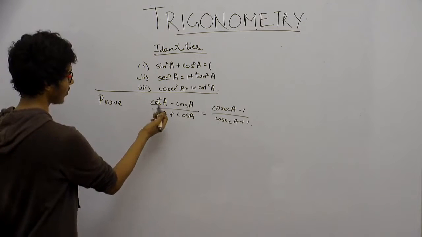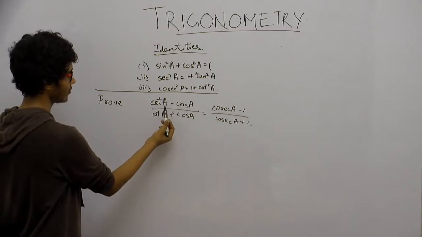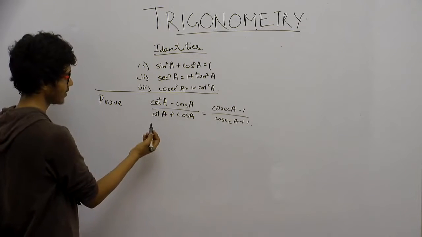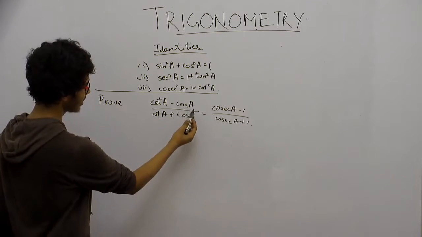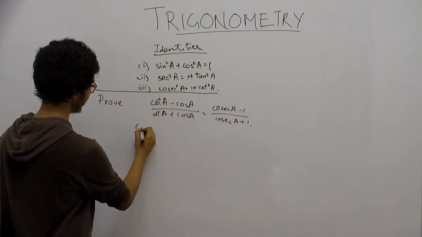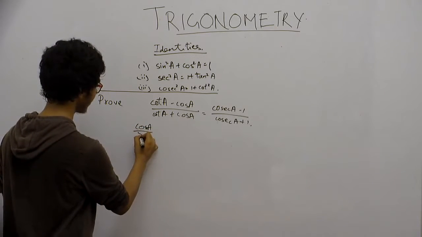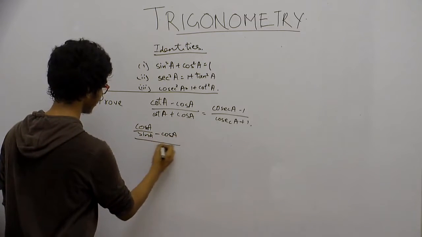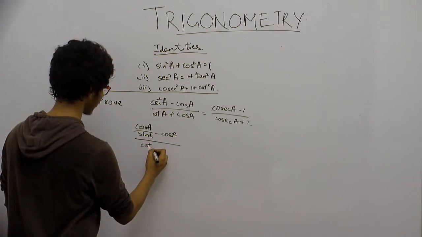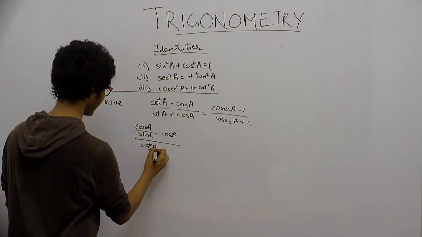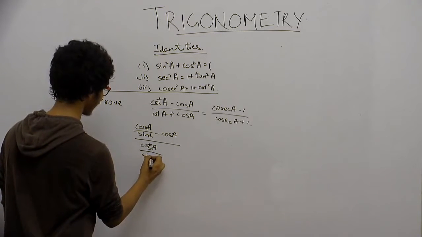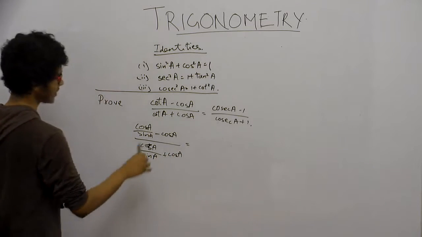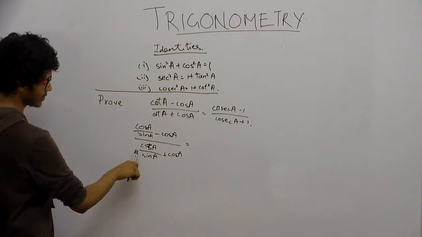Now what do we know cot A as? Cot A we know as cos by sine. So we get cos A by sine A minus cos A divided by cos A by sine A plus cos A. This is equal to, we take cos A common from the numerator as well as the denominator.